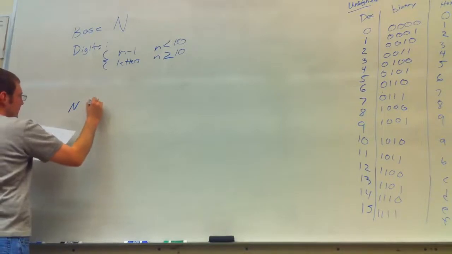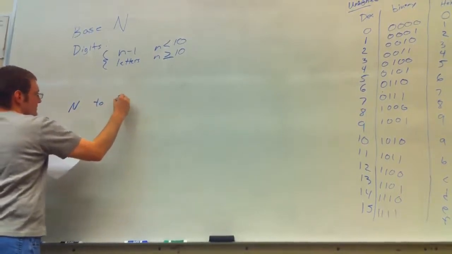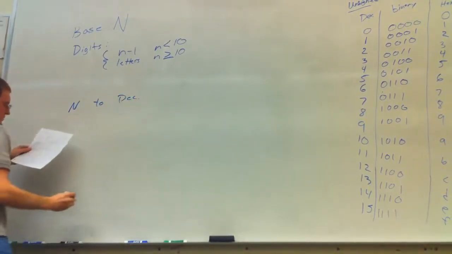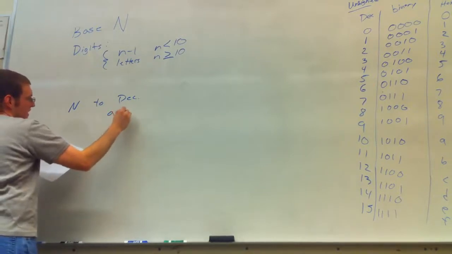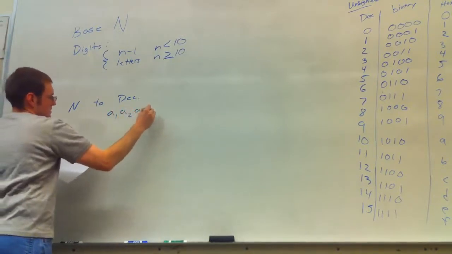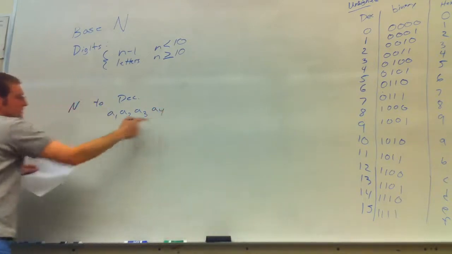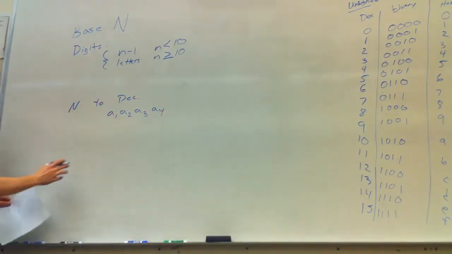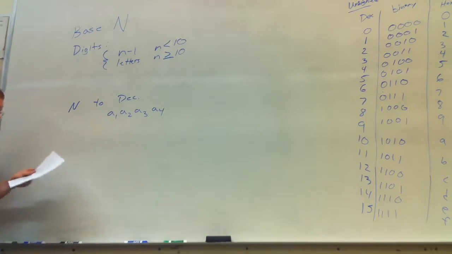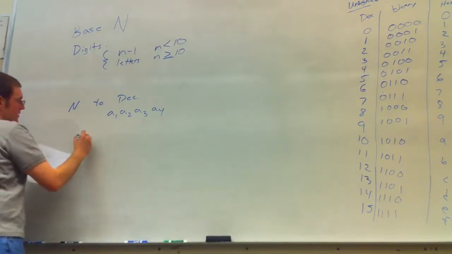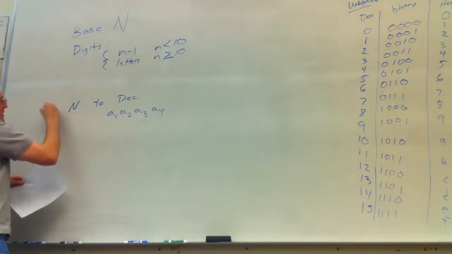So if I want to convert base n to decimal, these are just imaginary variable names that could be replaced with any numbers.